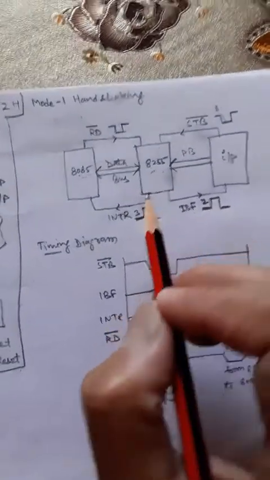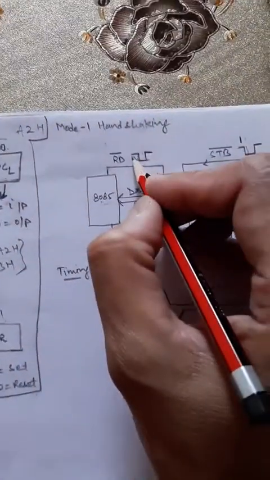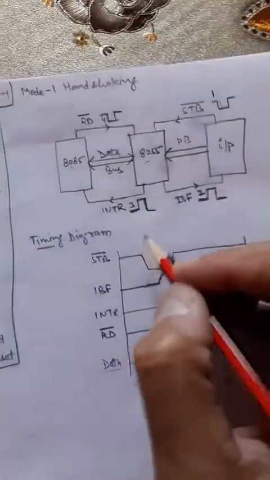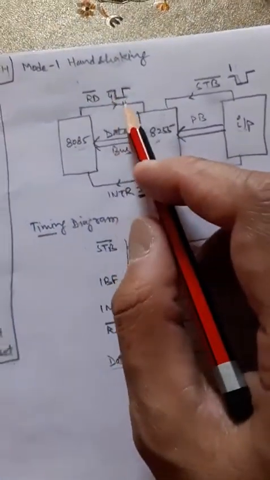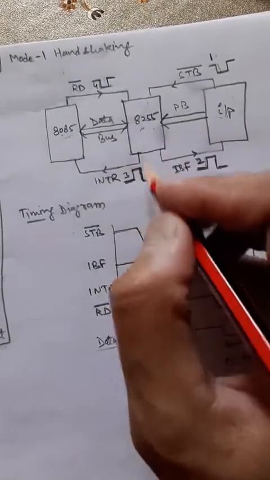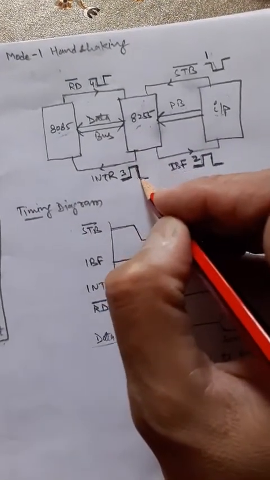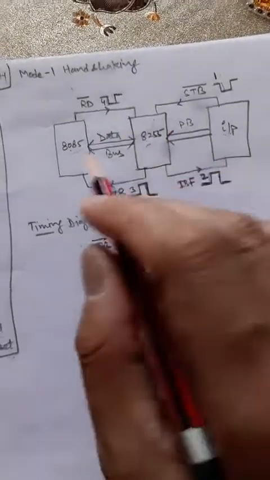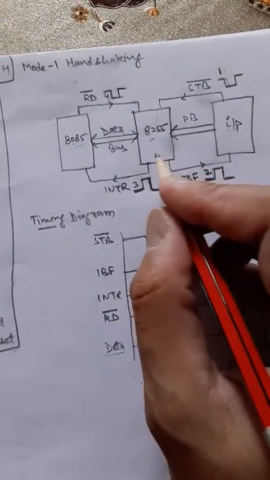Now if the MPU is free, it will start reading the data by keeping the read bar signal low. Once the MPU starts reading this data, the 8255 immediately keeps INTR low, preventing the MPU from reading the same data, which means duplication of data.